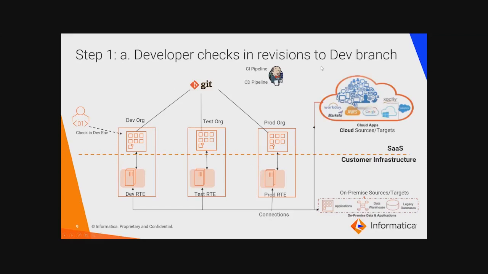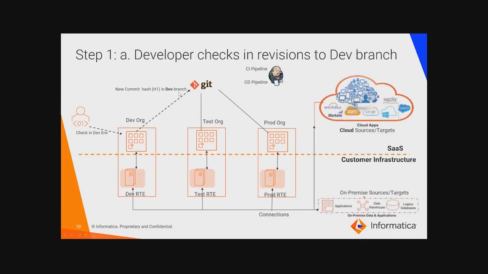Developer checks in the revision to the dev environment. We can say it's a revision, or a new code also. The bottom line is that the moment the developer is ready with the code, he will do a check-in, and that check-in will go into Git, into the Git repository in the dev branch.